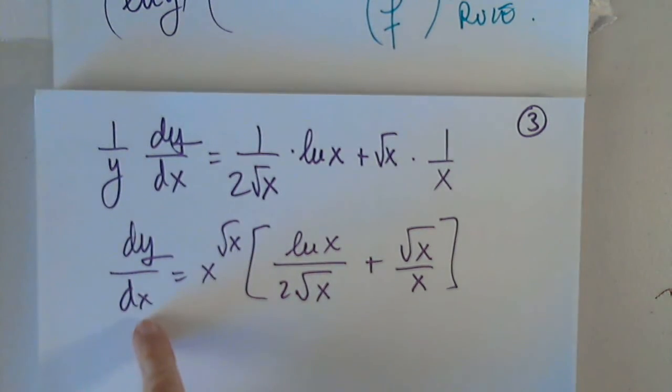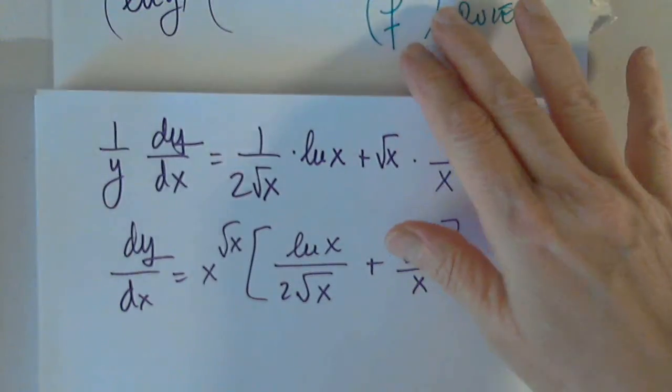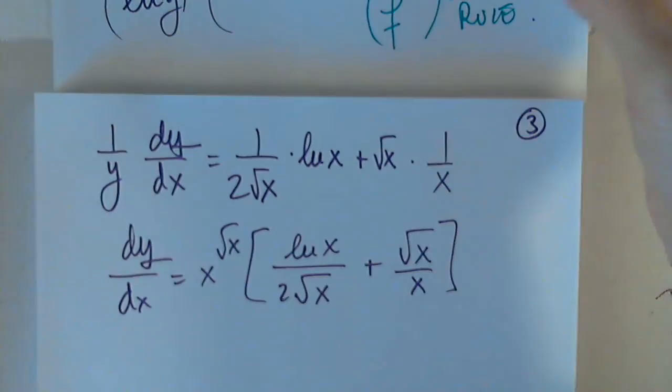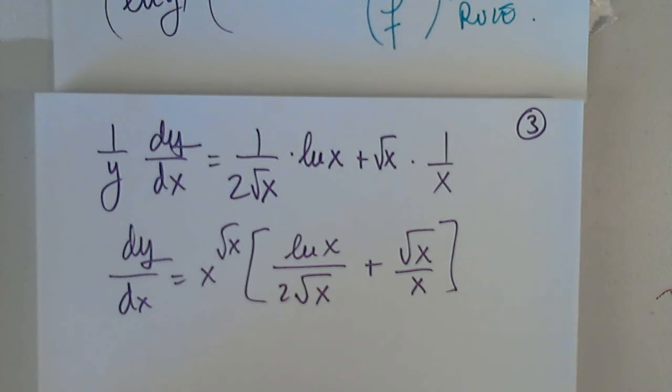We can still find dy over dx, but we have to apply natural log. There is no rule for this. You cannot bring down g, subtract 1 from g. There is absolutely no rule. For everything else, we have rules. But for a function raised to another function, we do not.